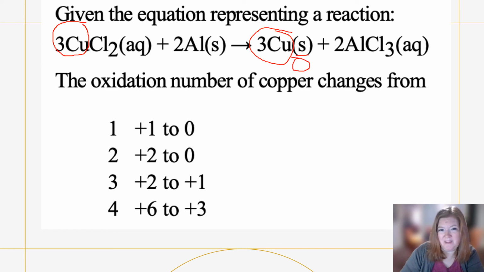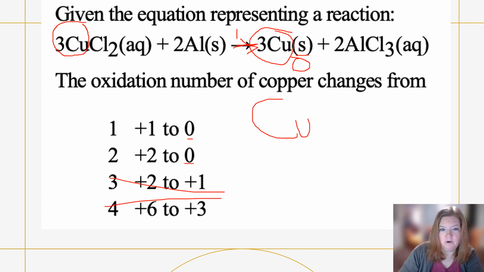So I know that the oxidation state of copper here is 0. And here's the arrow right here, right? So it changed from something to 0. So these two I can eliminate right now. Just remembering that fact got me to a 50-50. Now I have to figure out, is this copper +1 or is this copper +2?